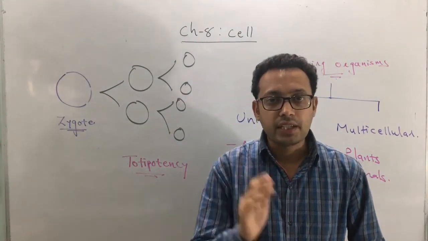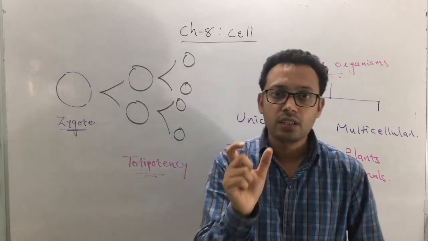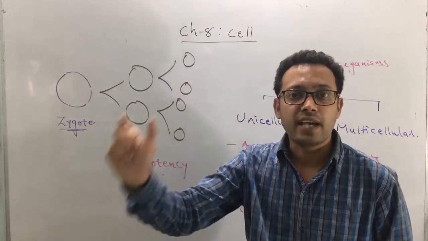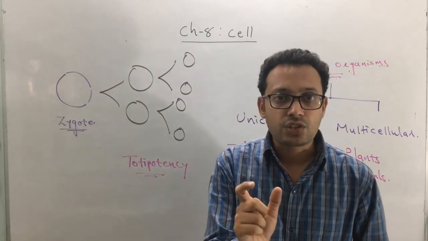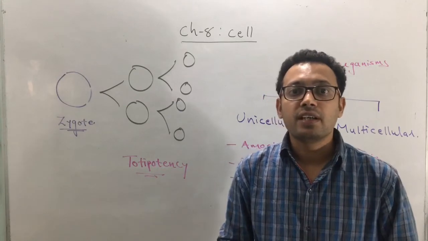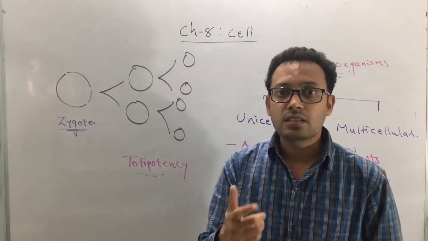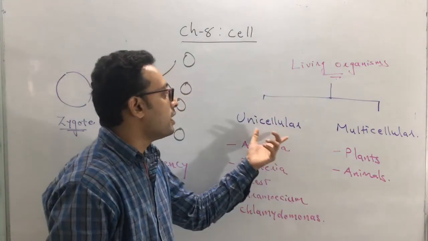I again repeat, what is a cell? Cell is a fundamental unit of any living organism. It is the structural and functional unit of living organisms. Living organisms can be classified based on number of cells.